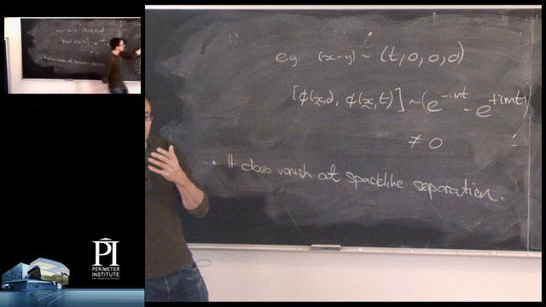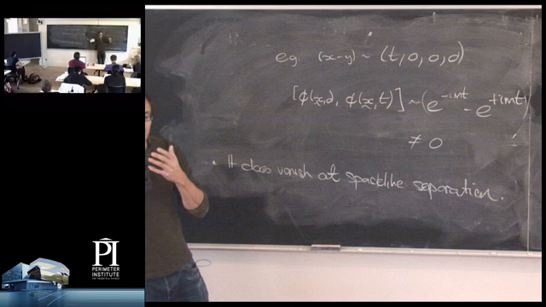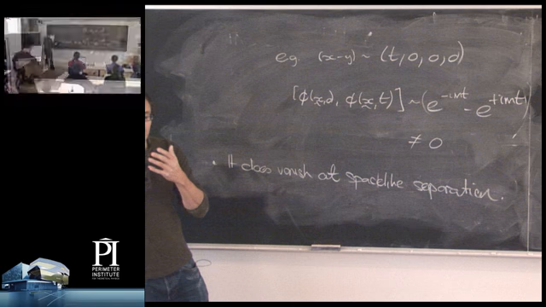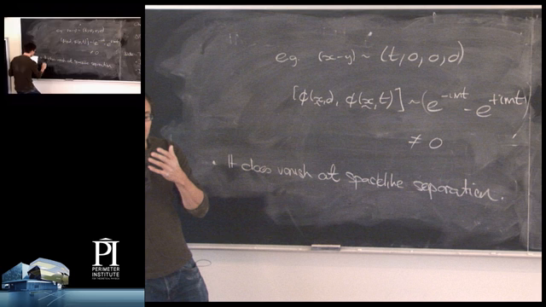And it vanishes because we know it vanishes when we're at equal times, and it's a Lorentz invariant quantity. Therefore, it has to vanish if we do any Lorentz transformation on it, where they're separated outside the light cone. So it vanishes at equal times and is Lorentz invariant.